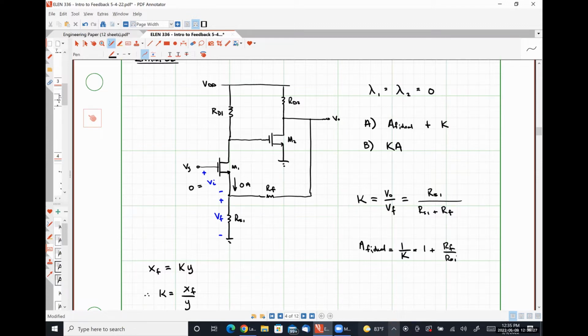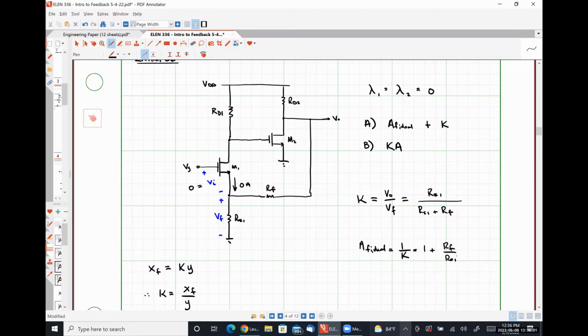Where we are making a pretty large assumption here that our open loop gain of our cascaded common source amplifiers is actually infinitely large, which is very, very likely not to be the case. Okay. But we've stumbled into a way to figure out what our feedback parameter is using this assumption. So from here, we have determined our quantities for part A.